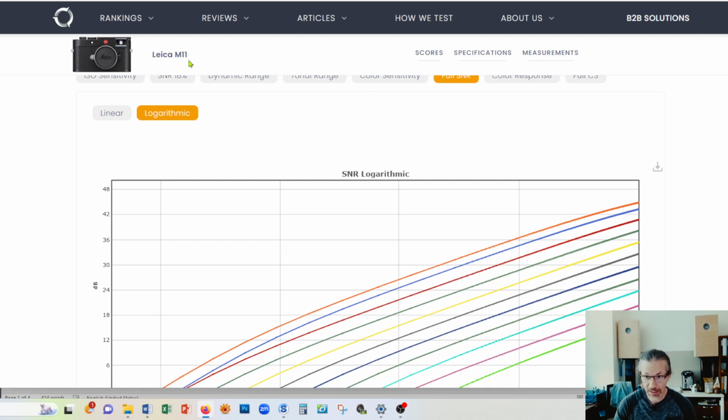Sadly, I don't own it, but here I am just focusing on showing its measurements. The only acquaintance I have with this camera is through looking at the photos that people take with it, and I find them kind of beautiful.